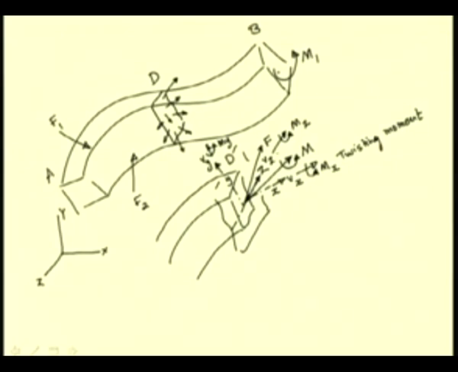So, these two moments are the bending moments. So, we see that the resultant of the internal forces tend to twist, bend or axially compress or extend or shear the member at any given section.